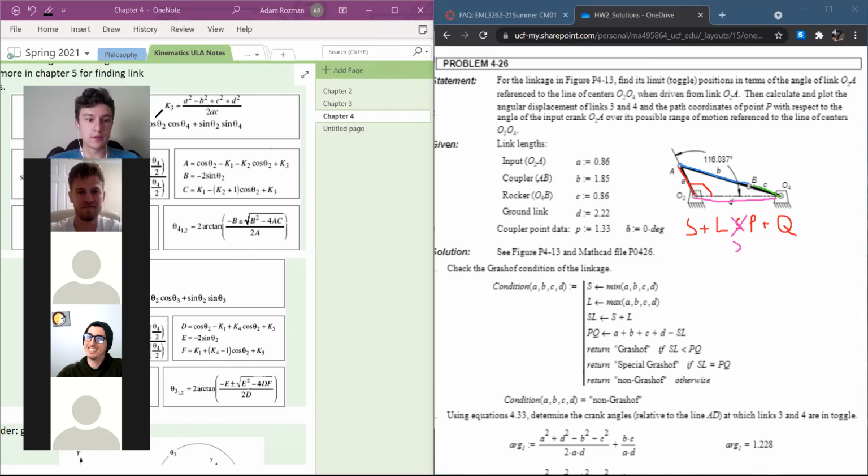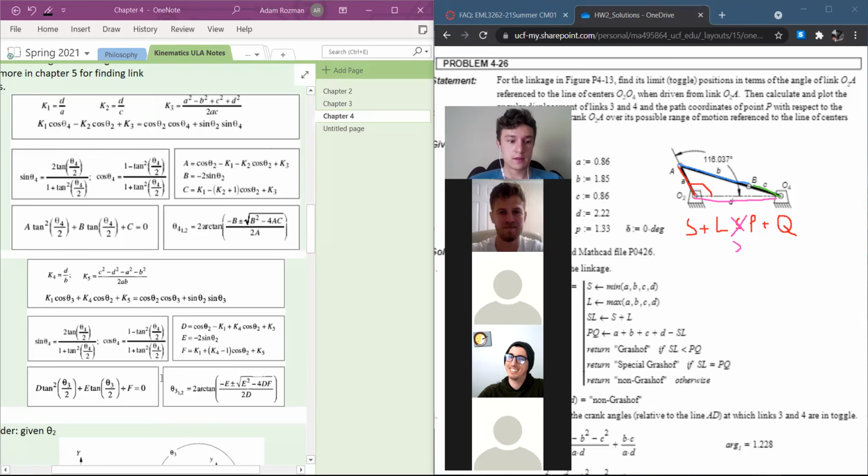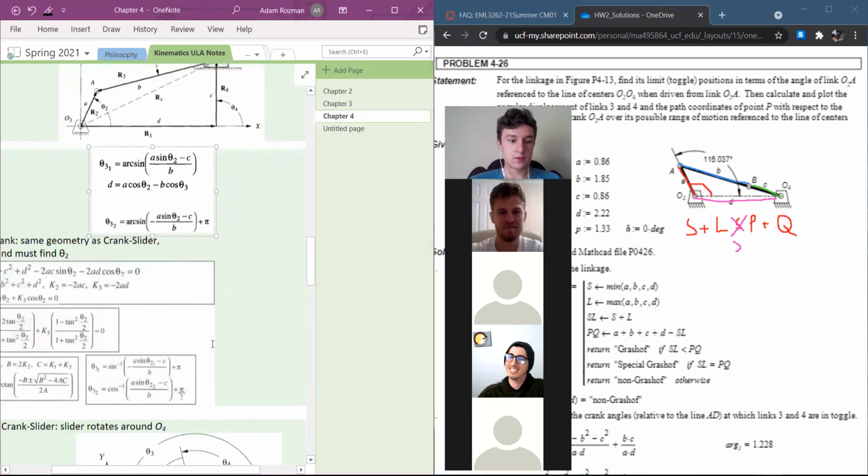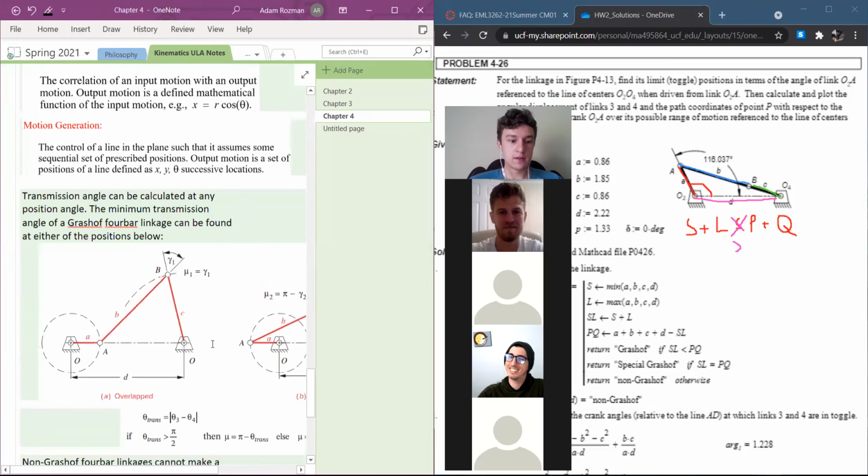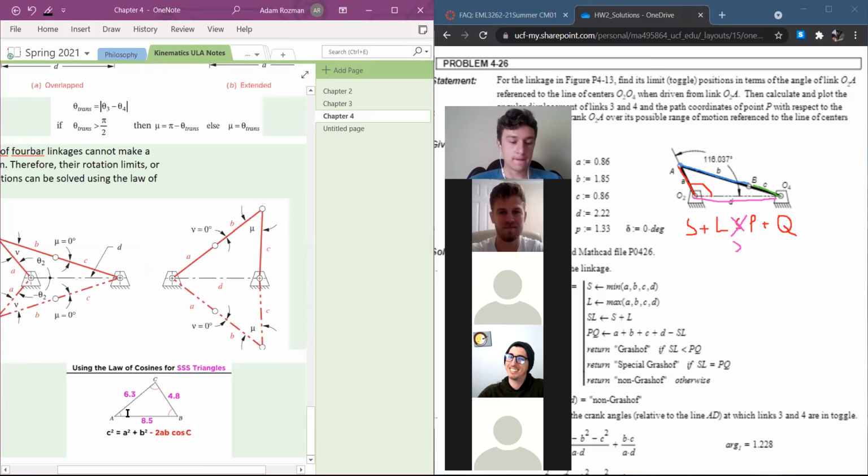So if we scroll down, so we know, so we're looking for, I guess we're looking for this angle, right? Say we're looking for C, and we know all the sides.